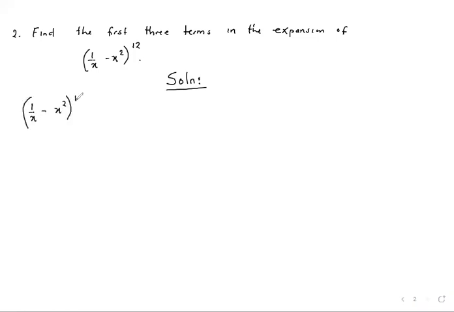So the thing is, even if I use n choose 0, I must start calculating what is 12 choose 0, what is 12 choose 1, what is 12 choose 2. I may waste a lot of time.